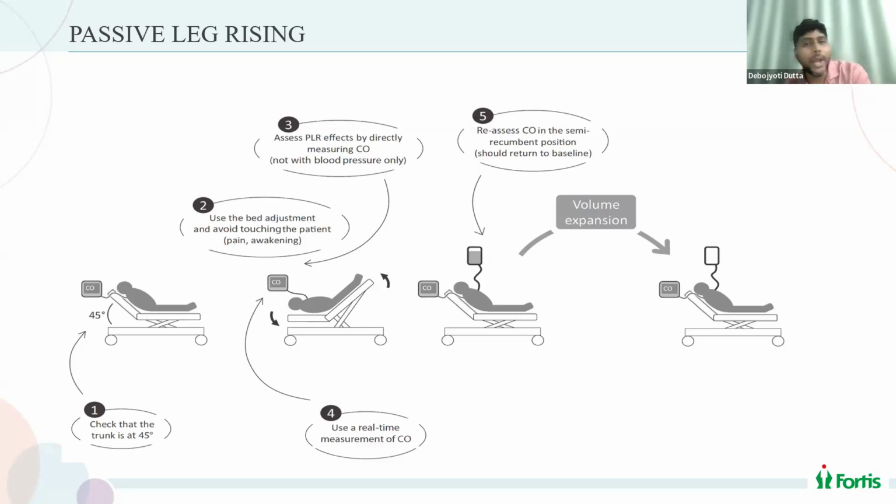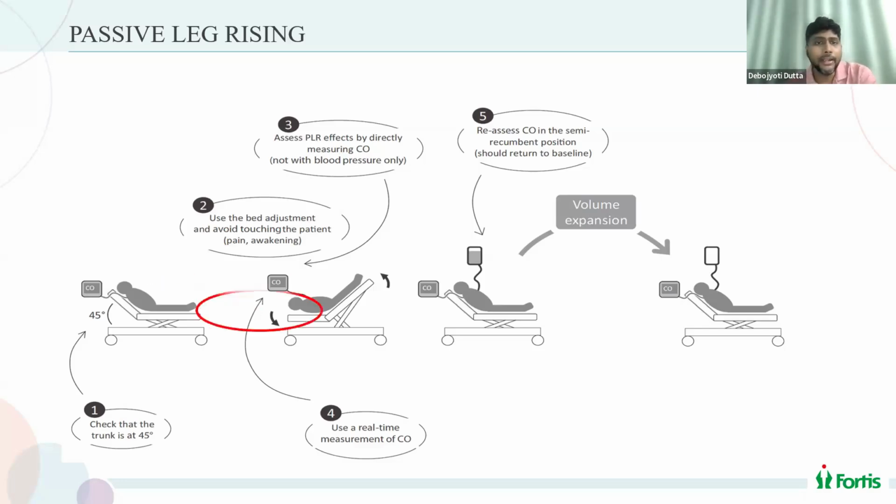So the changes from 1 to 4, we see the percentage increase of cardiac output. Cardiac output should increase at that time by at least more than 10%. And again, when we make the patient propped up, the cardiac output will go down to the baseline value. And then we can give the expected volume and see practically the cardiac output changes.